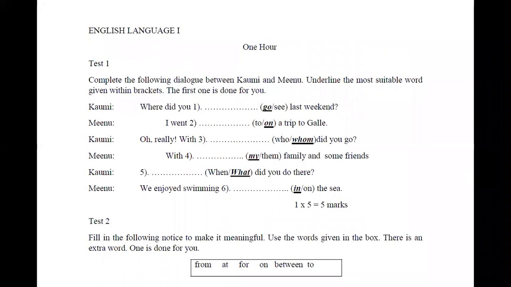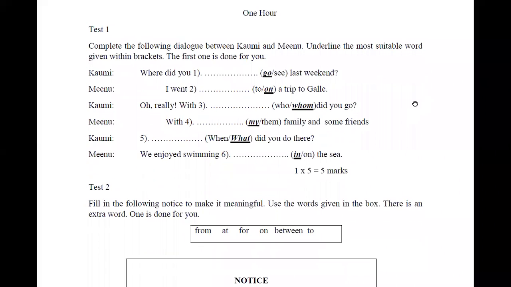So we can see we enjoyed swimming in the sea. Normally we don't use the word on. We are not swimming on the sea, right? We are swimming in the sea. All right. So that's how you do it. You have to practice well so that you can gain more experience and a good result.